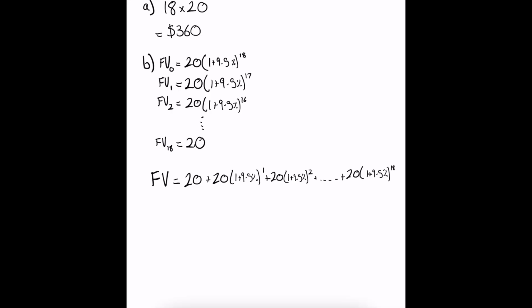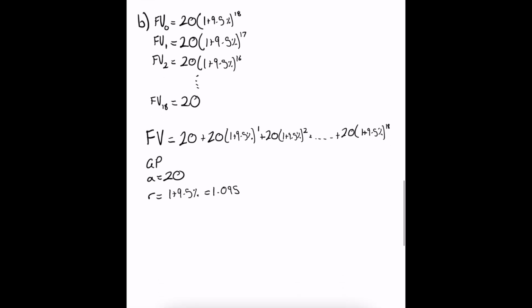And so from here, what we can realize is that this is a GP with our a, our first term, as 20, and our ratio as 1 plus 9.5%, or 1.095.